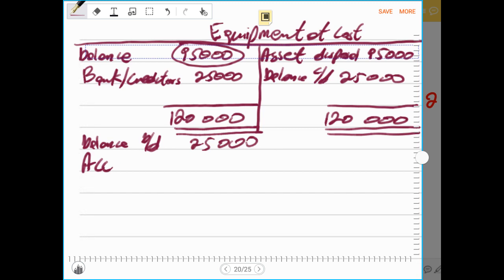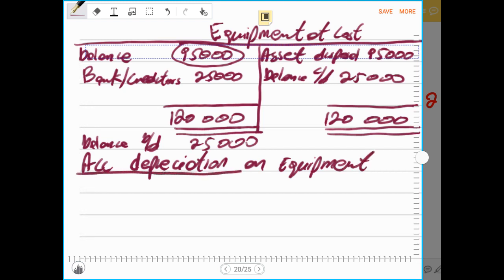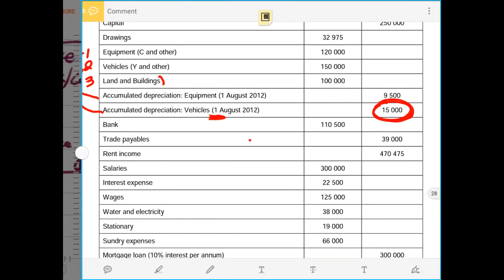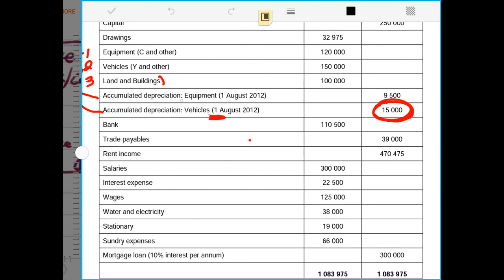Then I continue doing the second ledger account. The second ledger account is accumulated depreciation on equipment. This is where I have to account for all the depreciation for all these equipments. Then I start with the balance on the credit side, and the opening balance of the accumulated depreciation is from the trial balance, because in the trial balance we are told that the accumulated depreciation for equipment on the 1st of August is 9,500 rands.